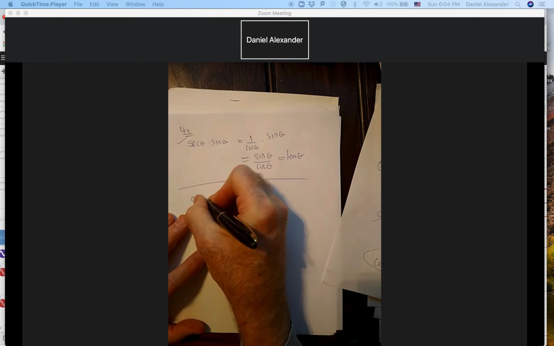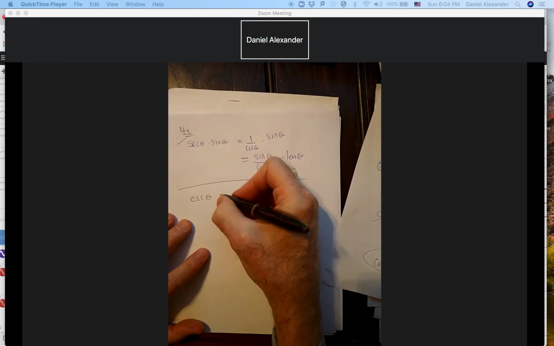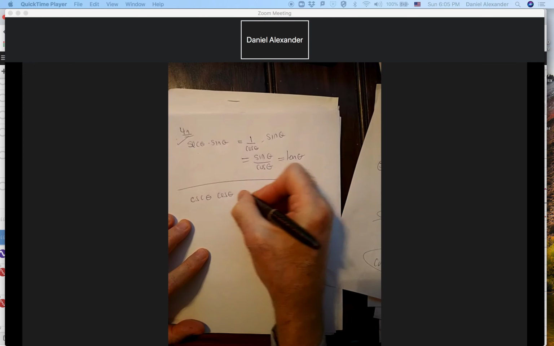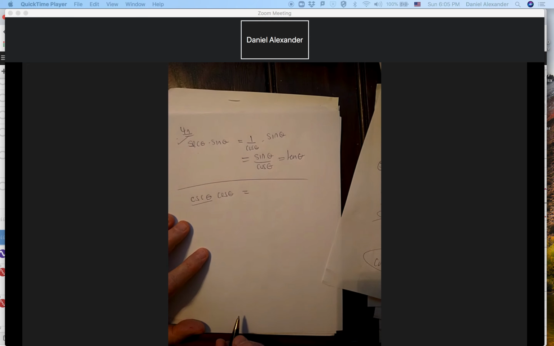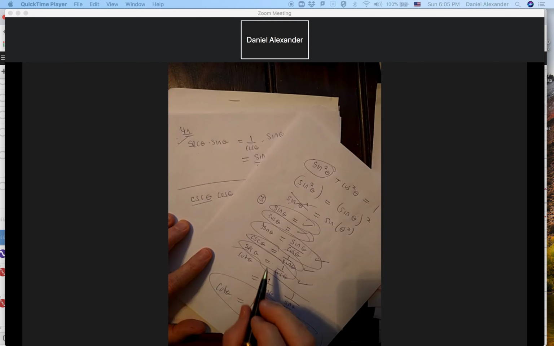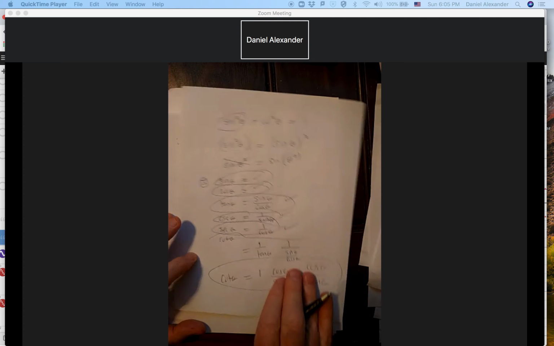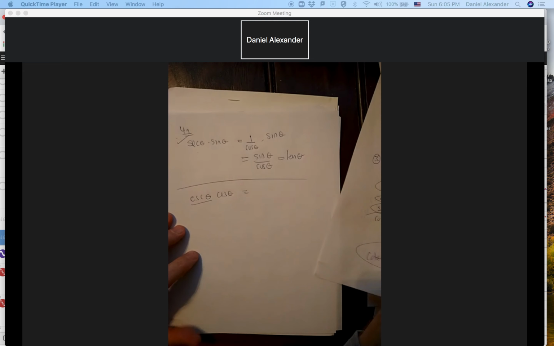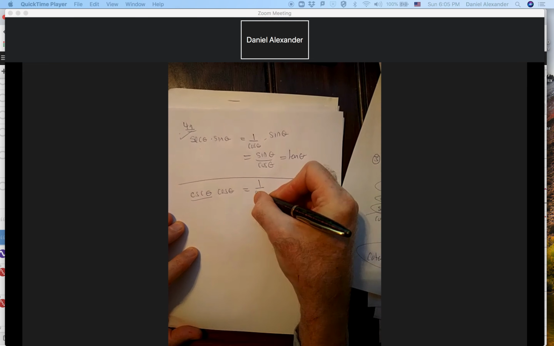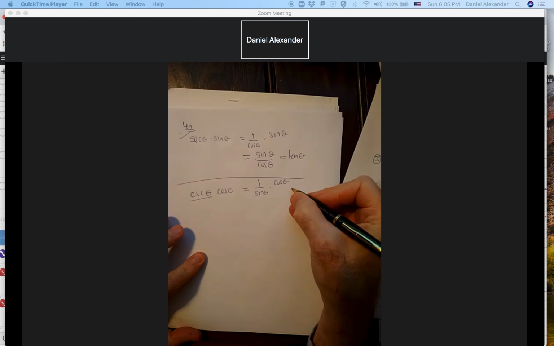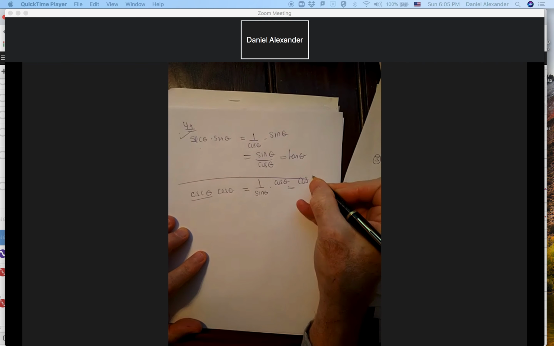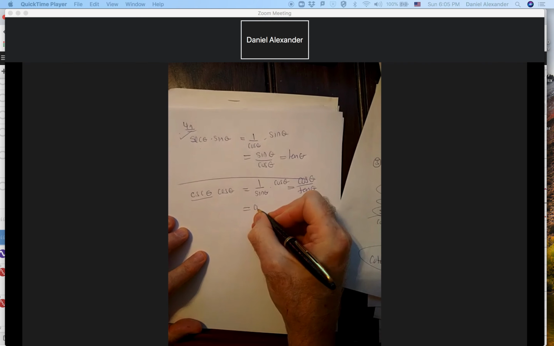So now we have cosecant theta times cos theta. And again, I want to write cosecant theta in terms of sine or cosine. So I go back, and that's 1 over sine times cosine theta. That simplifies to cos theta over sin theta, and that's going to be cotan theta.